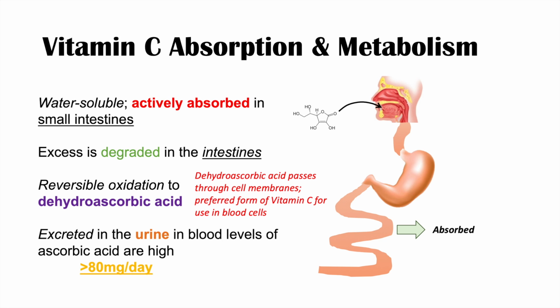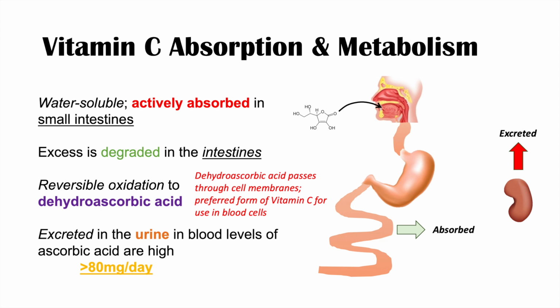And if we absorb too much vitamin C, it is essentially just excreted in our urine when the blood levels of ascorbic acid are high. So generally the number is roughly greater than 80 milligrams per day. So if we have greater than 80 milligrams per day of vitamin C, our blood levels of ascorbic acid rise, and if it hits a certain threshold, we generally excrete it in the urine.